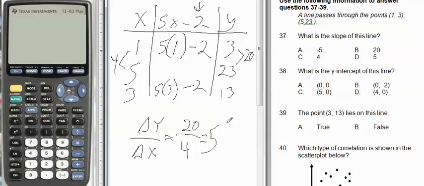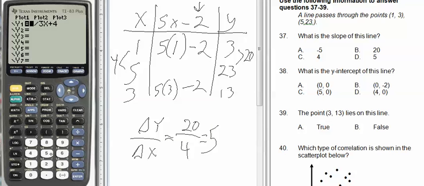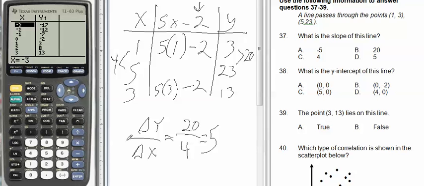So yes, it's true that that one does fit the line. You could also at that point, if you wanted to, put that into y1 and go to the table and see if that point 3, 13 is on the line, and it is.